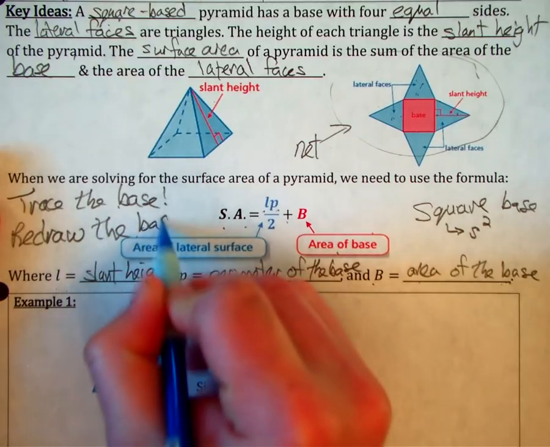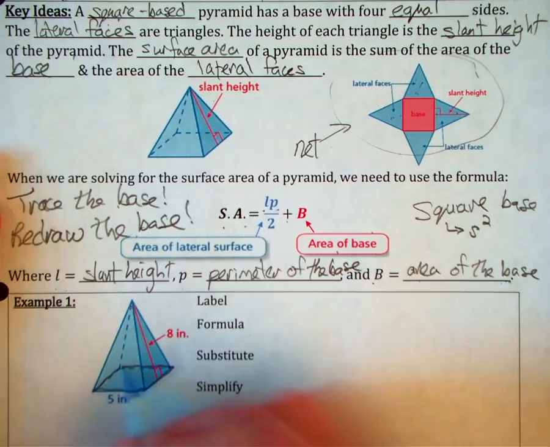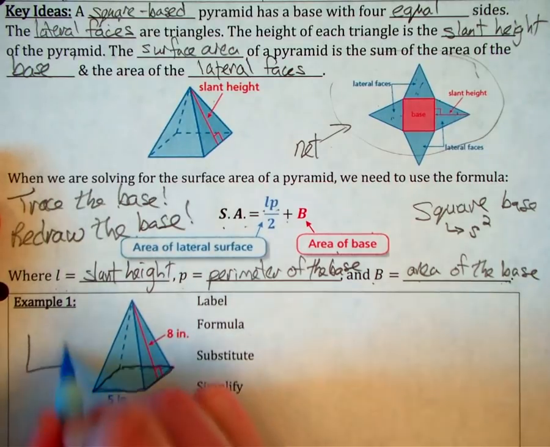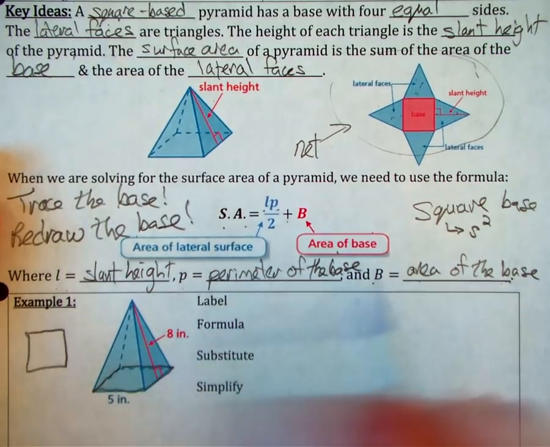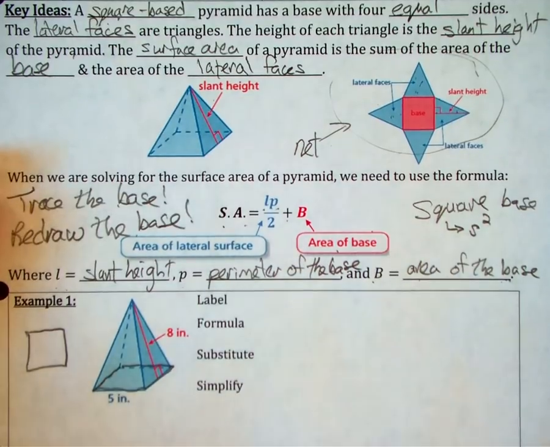The reason why you want to be able to do this is, for us at least, we're going to have only square bases, so these are a little bit easier. But when you're redrawing this base, that lets you find the area of the base and the perimeter of the base, so that way it is easier to solve the surface area.